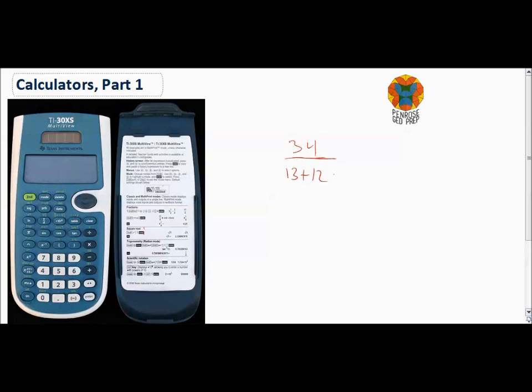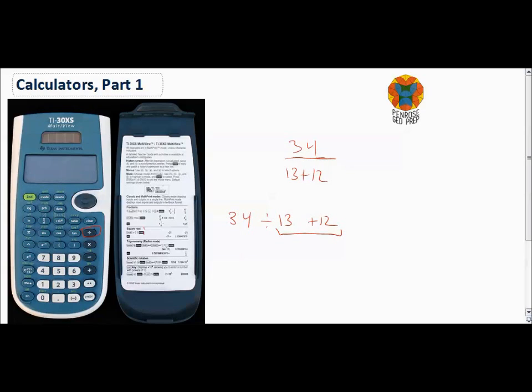Let's try to type that out just symbol by symbol. 34, so it's 3 and then 4, divided by 13 plus 12. What we want to do is add up 13 and 12 and then do 34 divided by that.